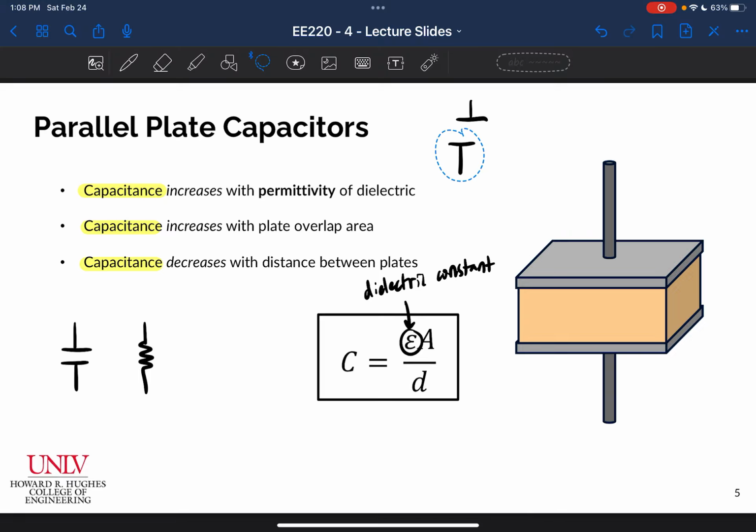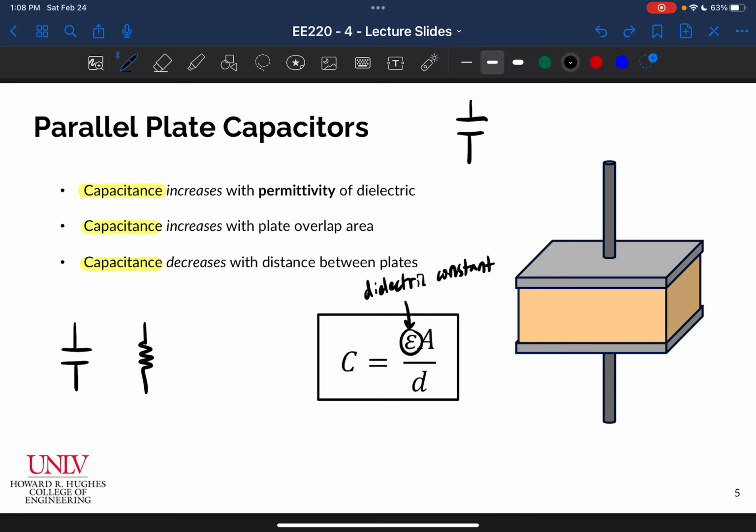As I increase the overlap, once it's maximally overlapping right here, that would be where I would get my maximum capacitance. And then as I were to move this plate away, this lower amount of overlap would result in lower capacitance. So the amount of overlap directly determines the capacitance as well. If that area of overlap goes up, then my capacitance goes up as well.